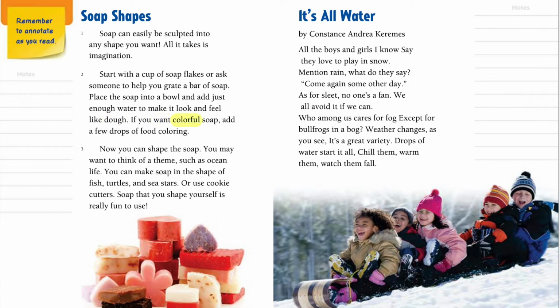If you want colorful soap, add a few drops of food coloring. Now you can shape the soap. You may want to think of a theme, such as ocean life. You can make soap in the shape of fish, turtles, and sea stars, or use cookie cutters. Soap that you shape yourself is really fun to use.